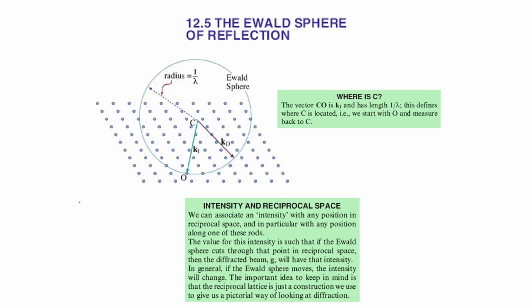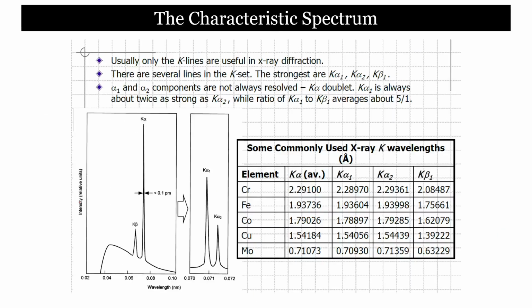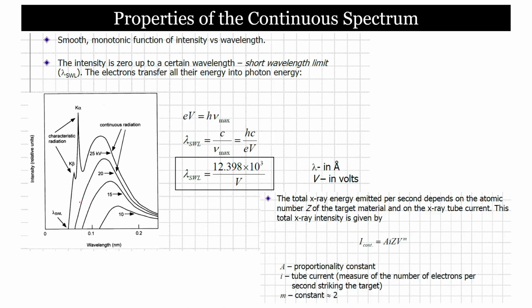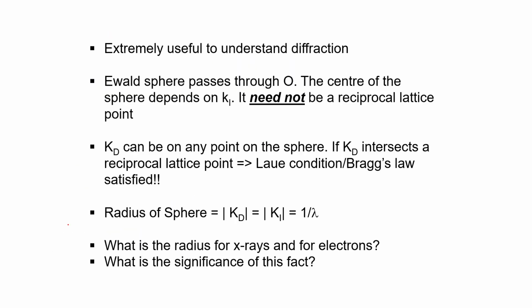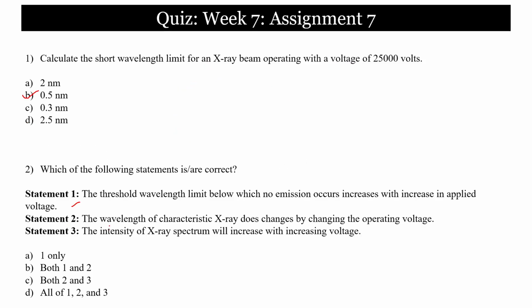As you must have seen from this graph, at lower voltage your short wavelength limit is higher, but at higher voltage, your short wavelength limit value is smaller. So this question says the same thing only.